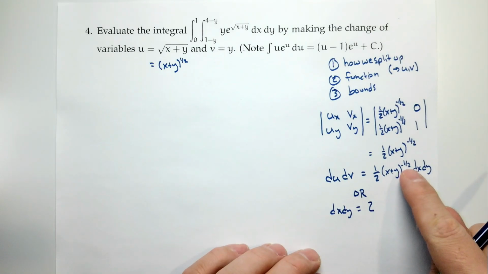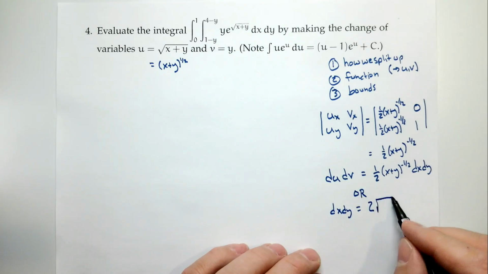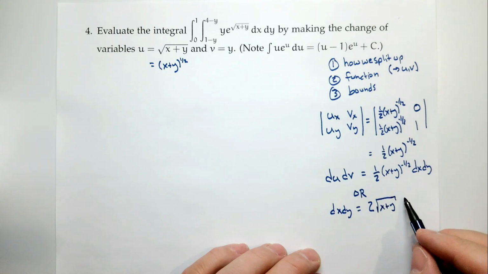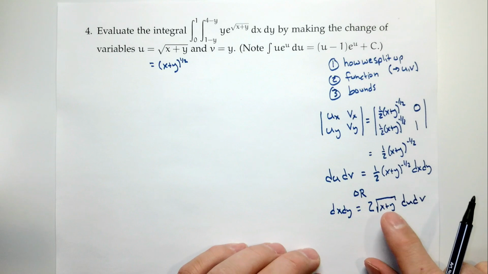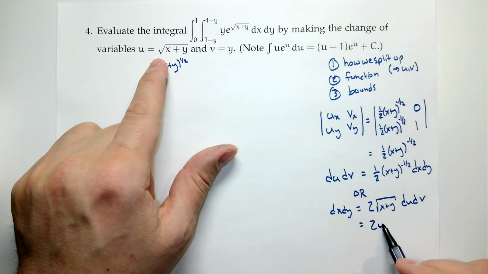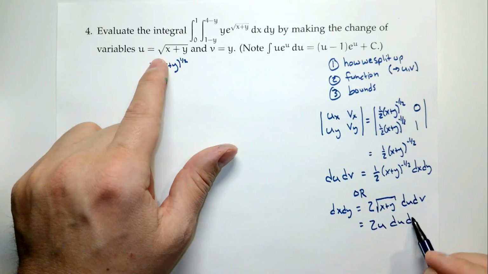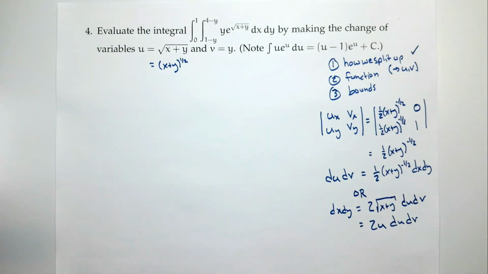See, this is in negative 1/2, so when it comes across, it'll be a positive 1/2. So I can think of the square root of x plus y, and then I have du dv. Well, square root of x plus y is u. So that's 2u du dv. All right, so that's splitting it up.